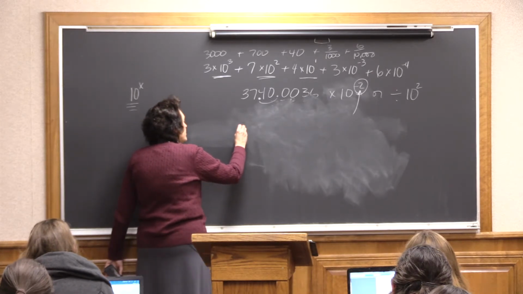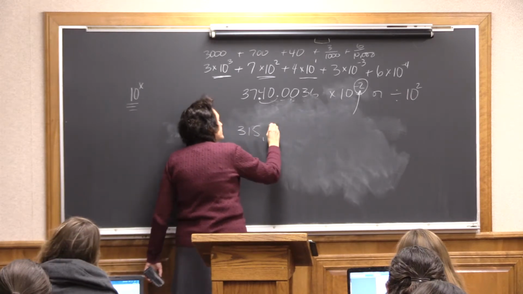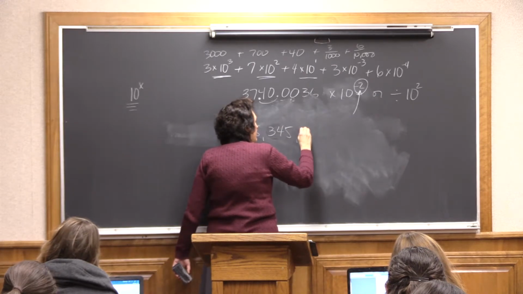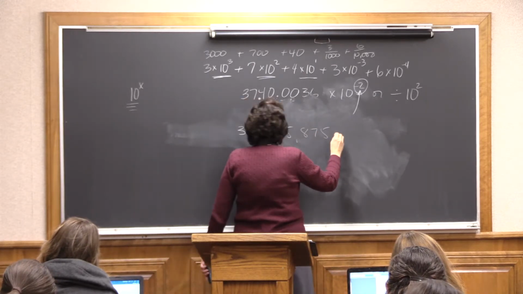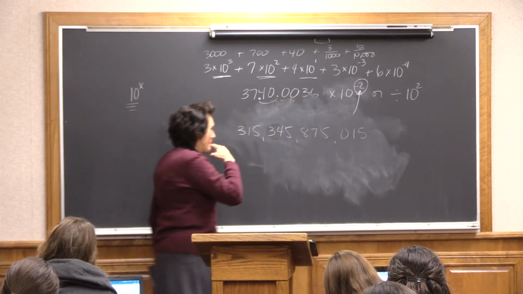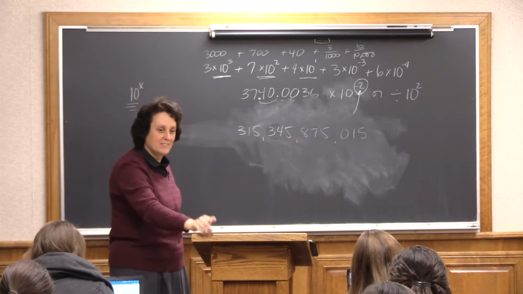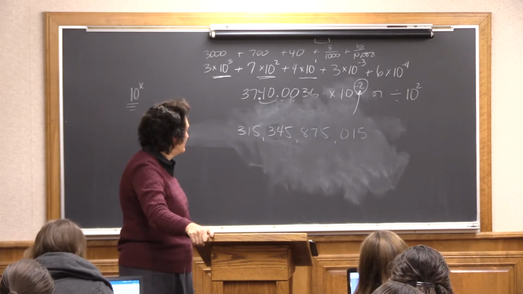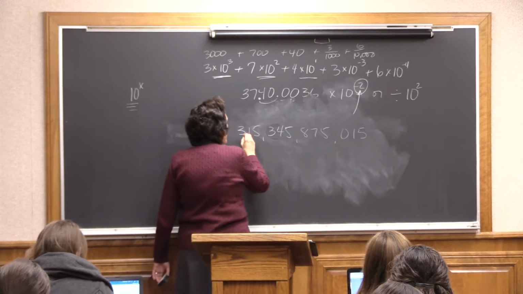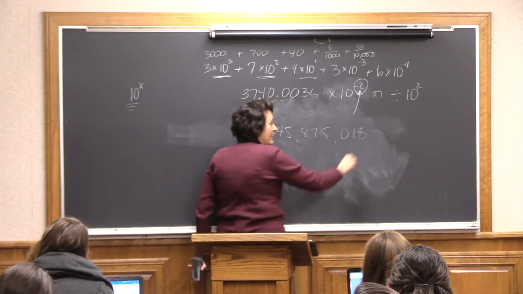What if I have a number like this? I'm going to put a bunch of digits in here. We use this all the time. This is billions, right? After a while, when we're talking 300 billion, does this number have any meaning?